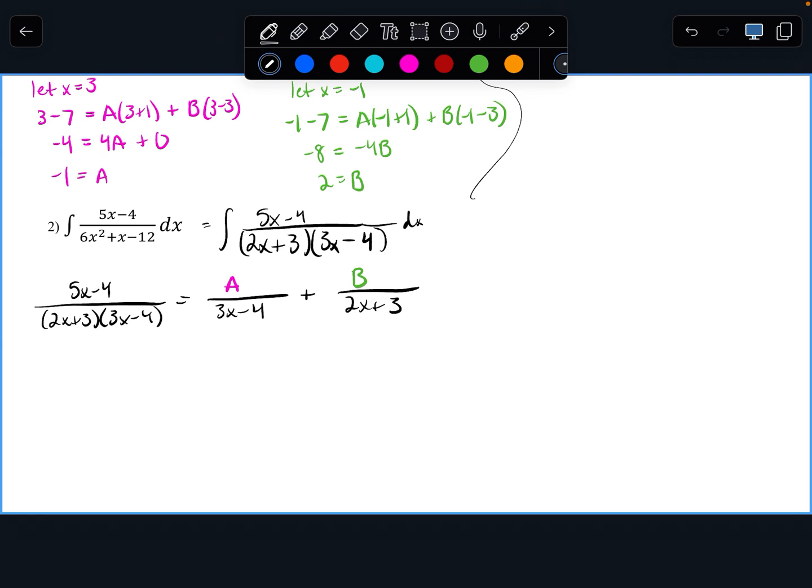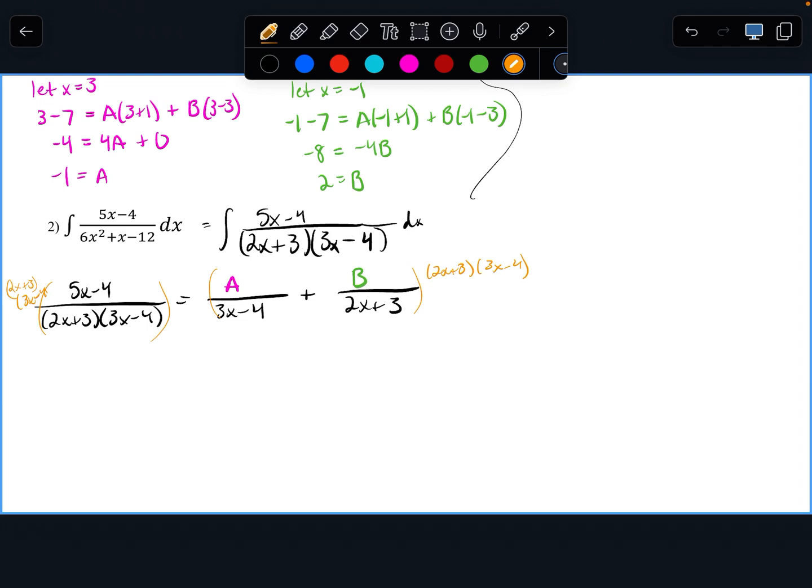So again, you're going to clear the fractions. You don't need to show that you're doing this, but this is what's happening. You're multiplying by 2x plus 3 times 3x minus 4 on both sides, basically, because then that'll clear your denominators.